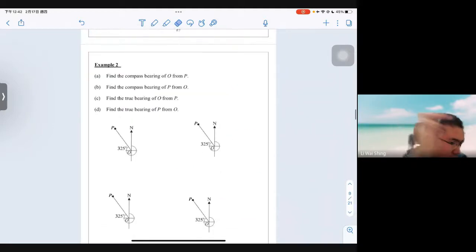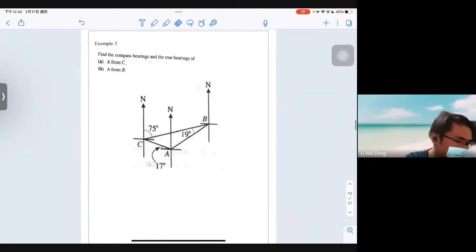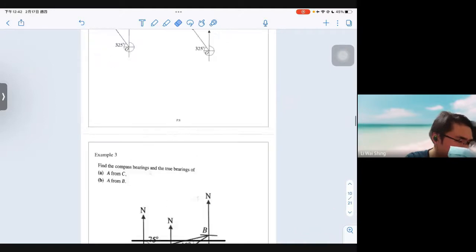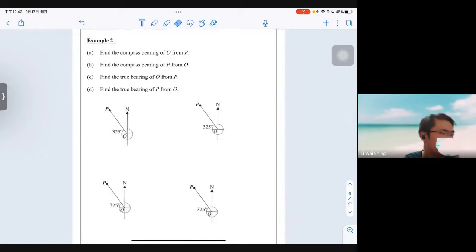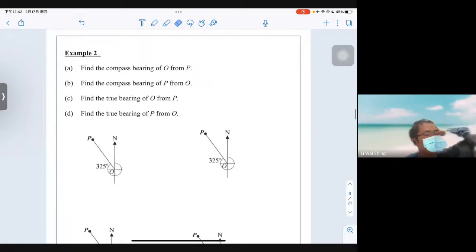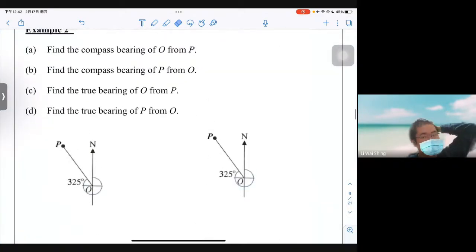Easy. Okay, if it is easy, then let's jump a little bit and ask you questions. Example 2, 快問快答. Okay, so today is the 17th of February, so let me ask number 17.